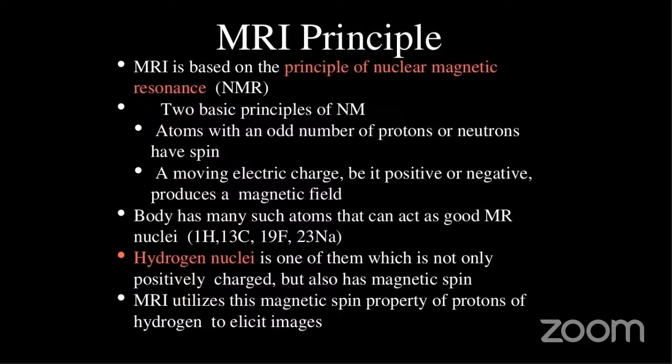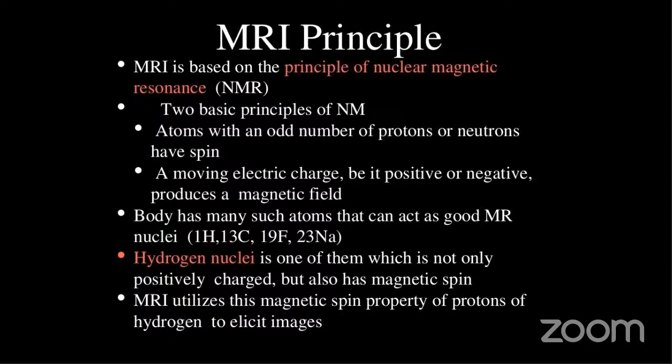Telling it in simpler terms, what are we doing in MRI? Basically, in our body, we have a lot of these positively charged hydrogen nuclei, which are randomly arranged, having full-blown Brownian motion. These spinning charges have a magnetic field.